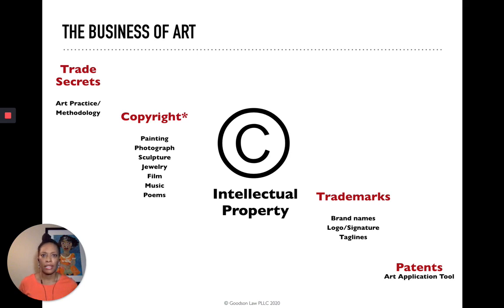Same idea with trademark in that the USPTO is giving someone the ability to control what happens with a patent. And there's different types of patents. We see them a lot in the world of fashion. We're seeing them in the world of wearable tech. We're seeing them again in the virtual spaces where we have algorithms and different types of ways that artists are creating solutions or creating art.